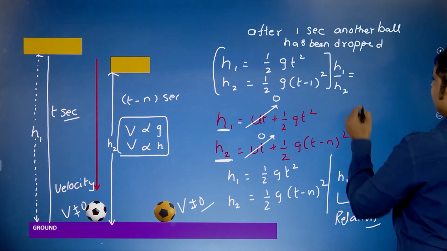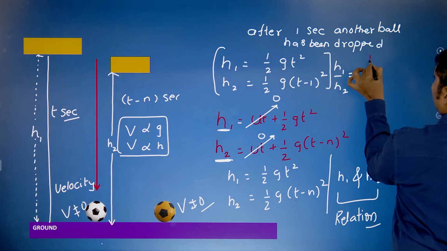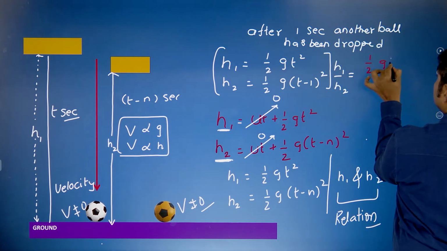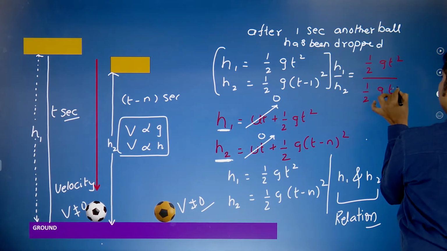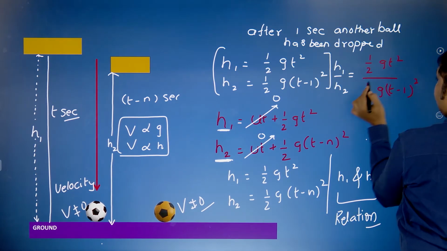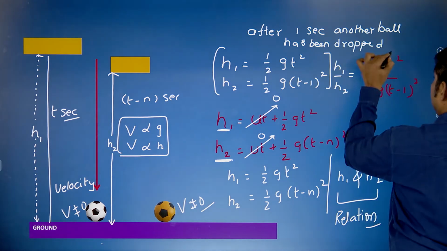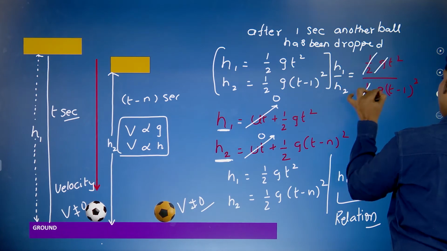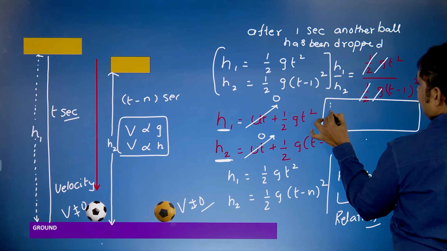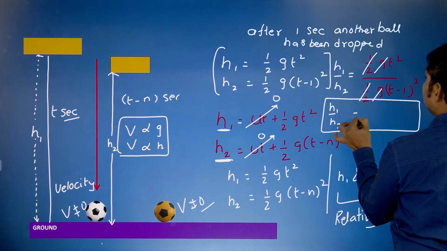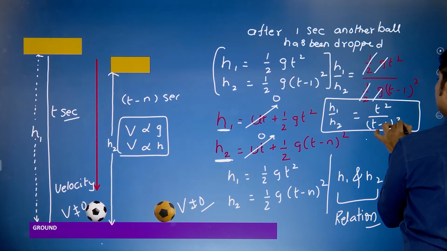Just so you have to see, that is 1 by 2 g t square whole upon 1 by 2 g t minus 1 whole square. So if you know to get the calculations, just you have to calculate. Finally, what we are having, h1 by h2 is equal to t square by t minus 1 whole square.